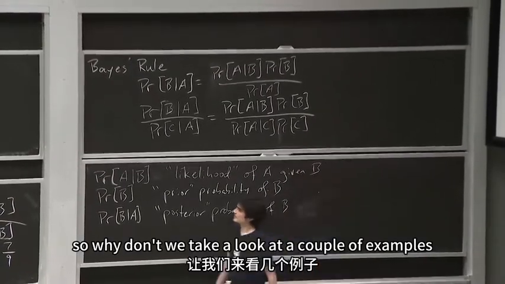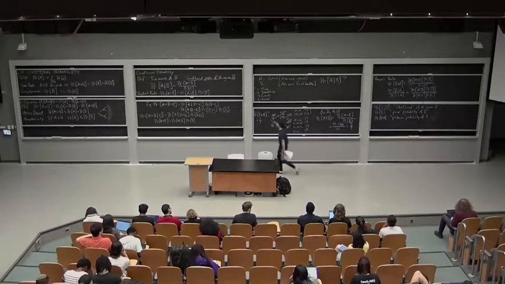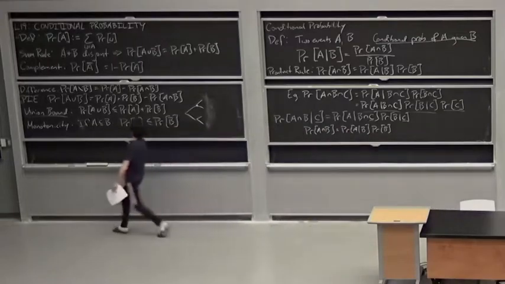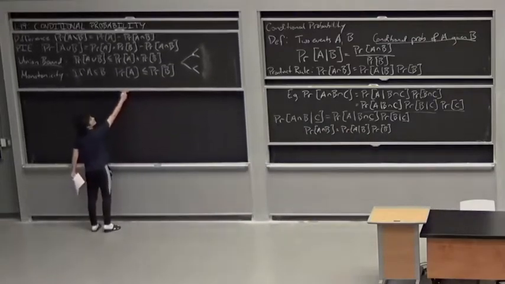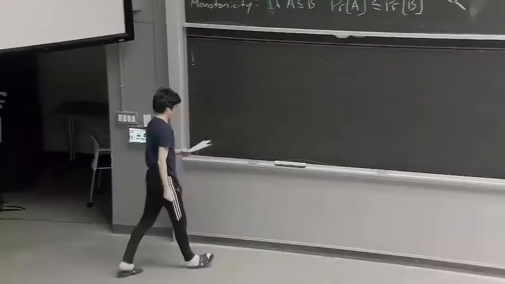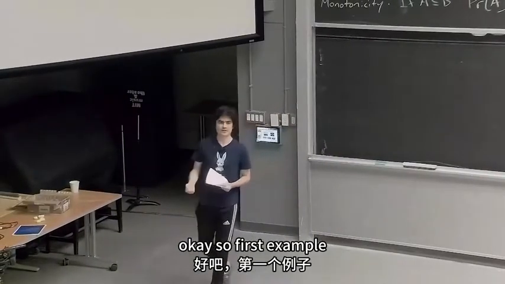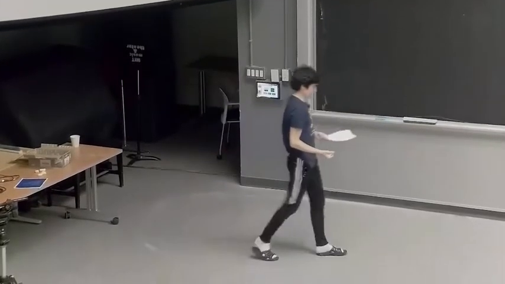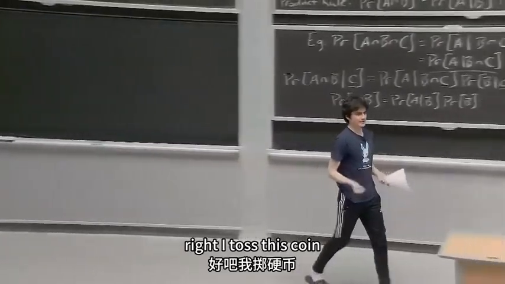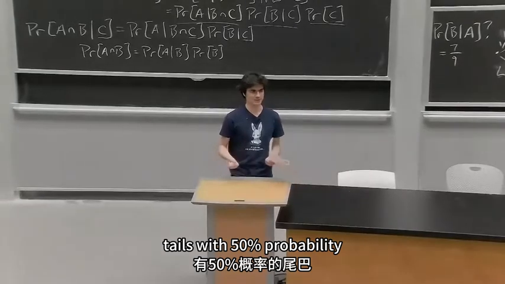So why don't we take a look at a couple of examples then? Hopefully everybody is okay with those. First example: suppose I've got 2 coins. I've got one fair coin; I toss it, and it comes up heads with 50% probability, tails with 50% probability.